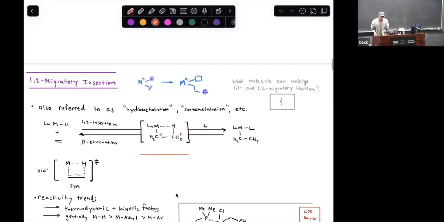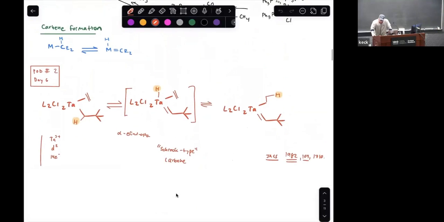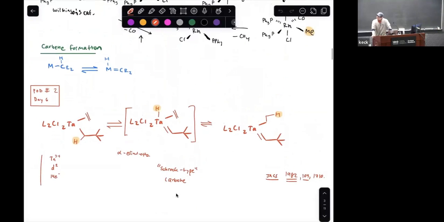So in the lecture from last time, we ended with a discussion of 1,1 migratory insertion, that is most common with carbonyl ligands, but also relevant to carbenes, which serves as an appetizer for today's lecture.